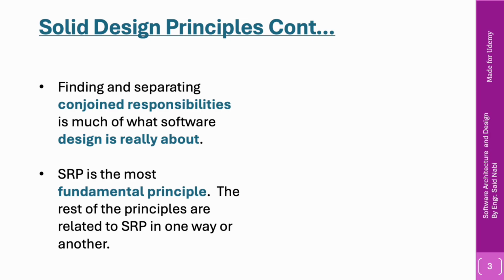SRP is the most fundamental principle, and the rest of the principles are related to SRP in one way or another. So this is the most fundamental, and the single responsibility principle is the core of all good design. All other principles like open closed principle, Liskov substitution principle, interface segregation, and dependency inversion support SRP in some way. They all aim to keep modules focused, maintainable, and robust.